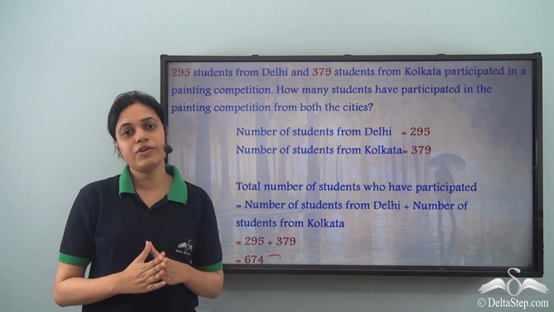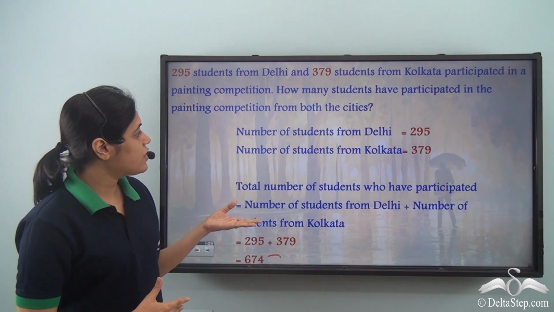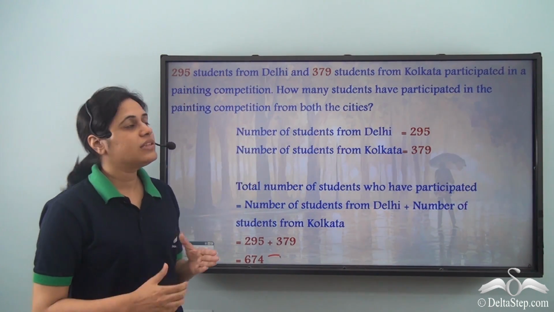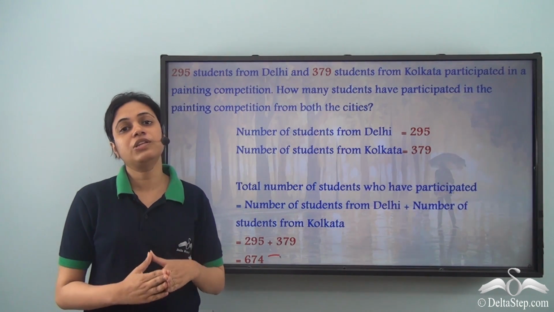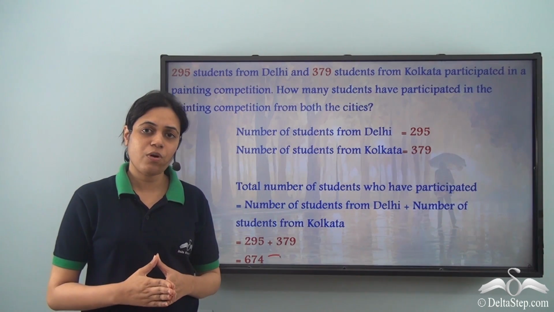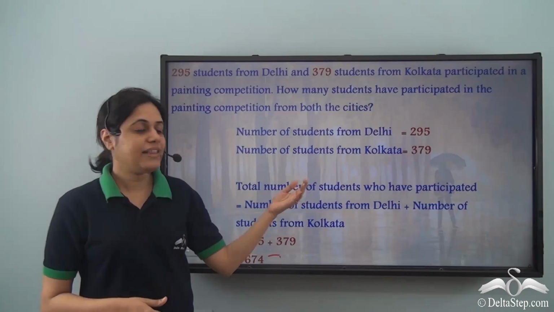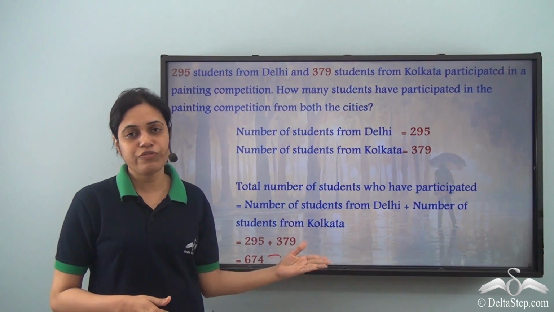So this is how we can solve word problems using addition. In these word problems, we saw that the numbers given were all 3-digit numbers. So the method of solving the word problems remains the same. We first write the given and then we write what we need to find.